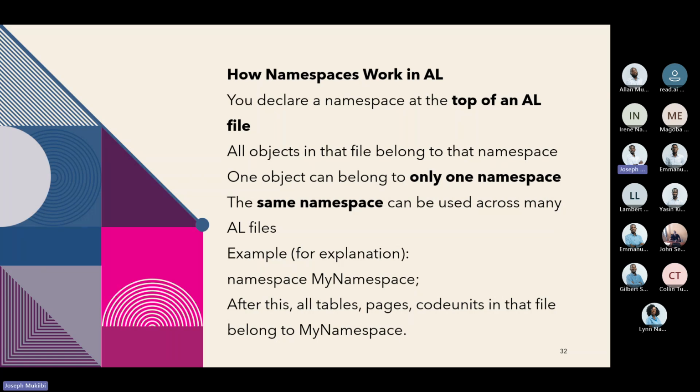So that's what it means: all objects in the file belong to that namespace. One object can belong to only one namespace. The same namespace can be used across many AL files. So how you declare it, you write namespace, then the name of that namespace.